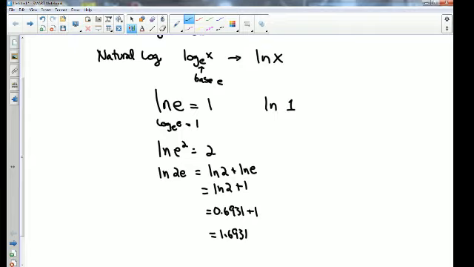The x-intercept is 1, right? So natural log of 1 is the value of 0. That will come up all the time working with natural logs. Okay?